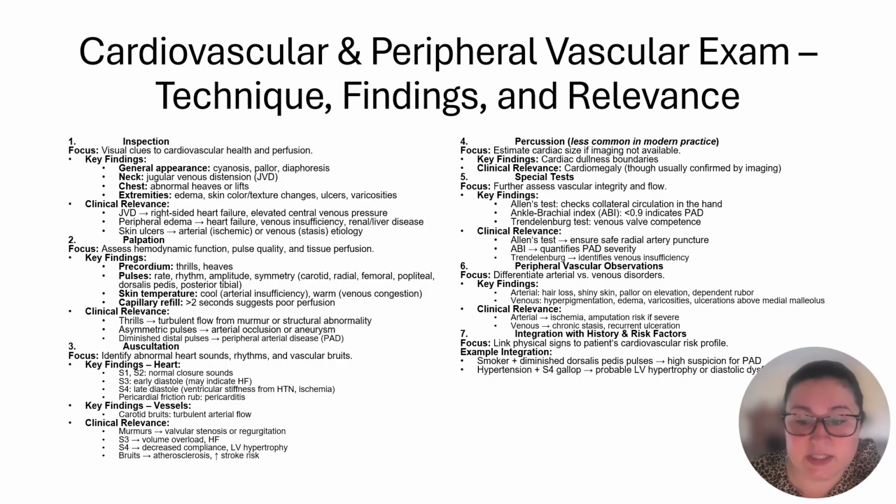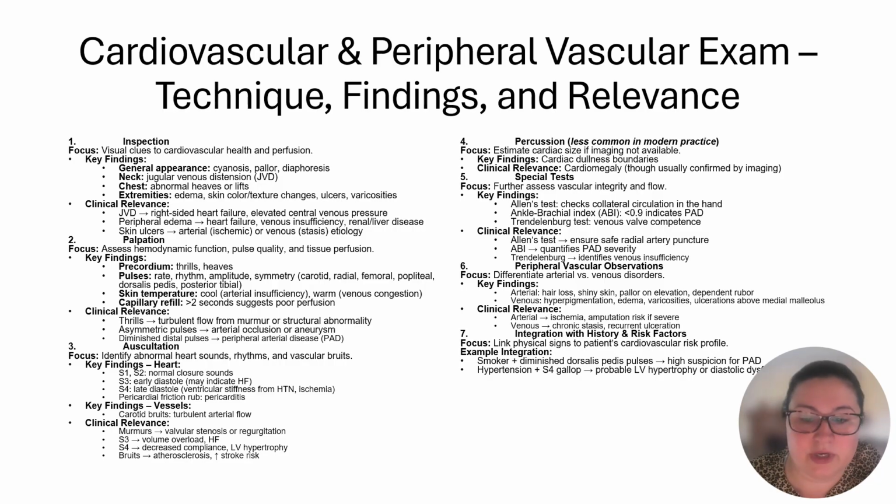Some special tests that you'll see, Allen's tests. If you're working in hospital, you may have seen this before. This is to ensure safe radial artery puncture. ABI will quantify PAD severity, and the Trendelenburg test will identify venous insufficiency. Observations for peripheral vascular disease would be hair loss, shiny skin, pallor on elevation, dependent rubor.